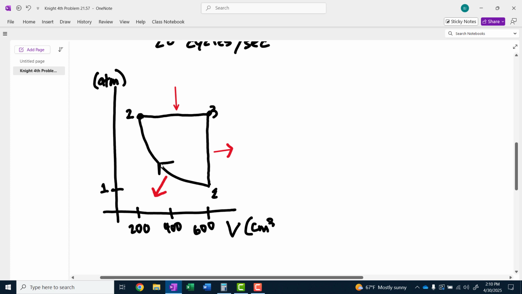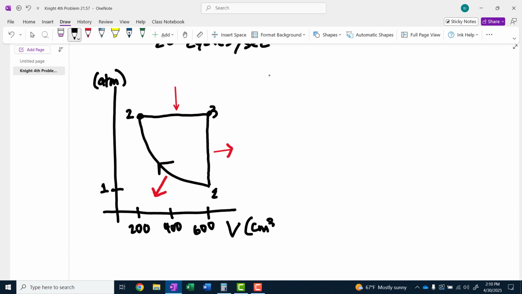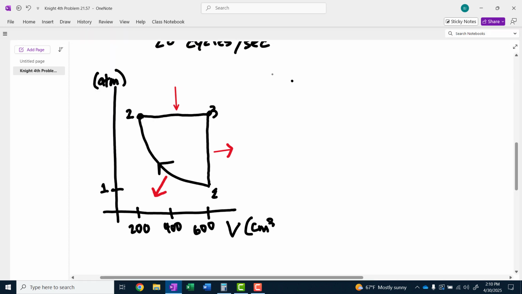But right now, let's make a table. So for every heat engine that you analyze, you're going to make a table like this. Let's go back to the black pen. You're going to have a column for process. If you're unlucky, you'll have 4 processes. This one's easier.